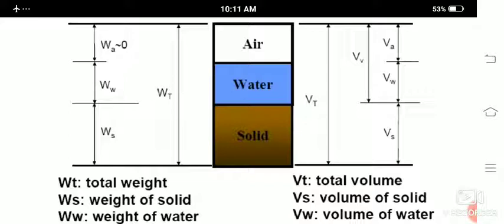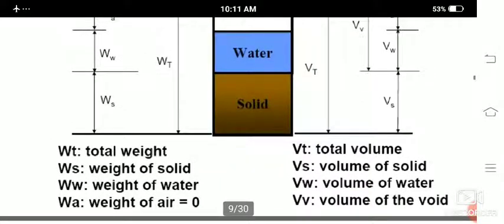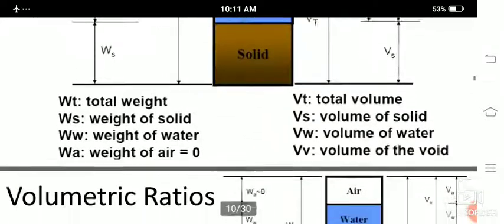Whereas VT indicates the total volume, VS the volume of solids, VW the volume of water, and VV the volume of voids, whereas WA, the weight of air, is all the time 0.